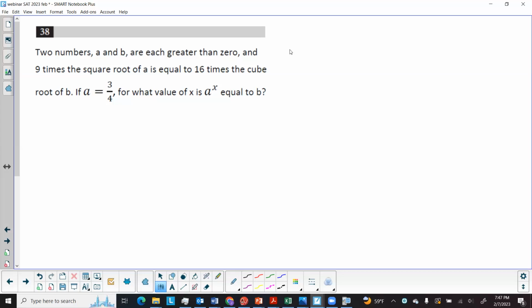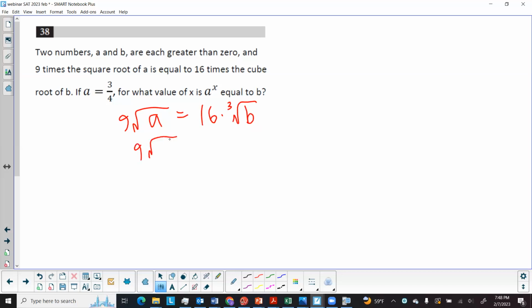So this one says A and B are greater than 0. And 9 times the square root of A is equal to 16 times the cube root of B. So Tom, kind of like you're saying, we're writing a math equation from the words, and then it goes one step further.